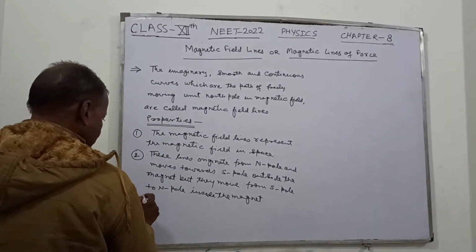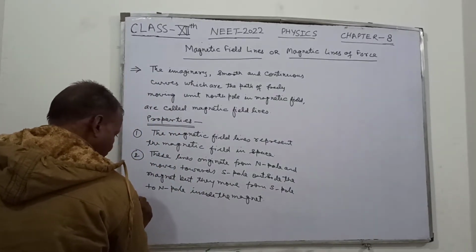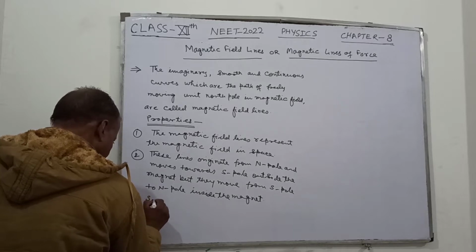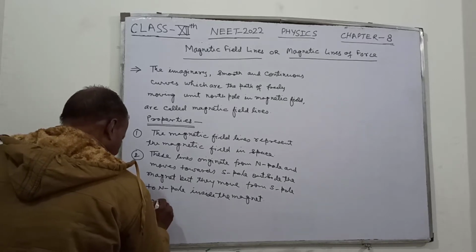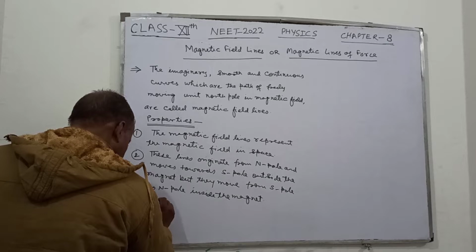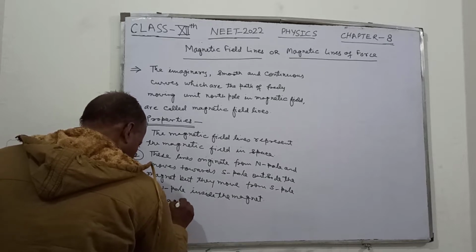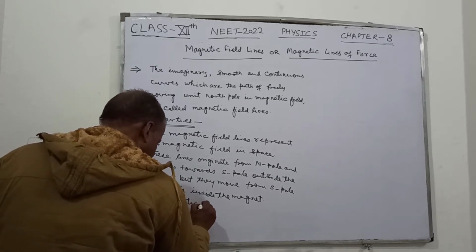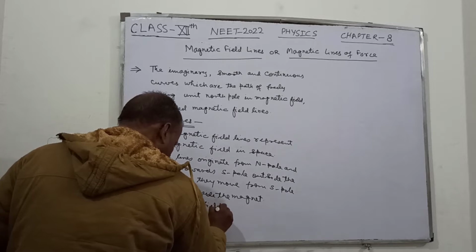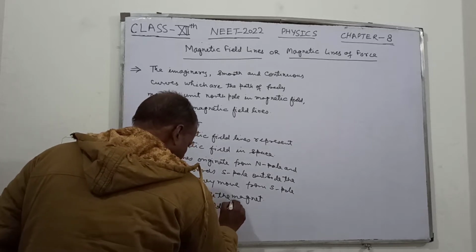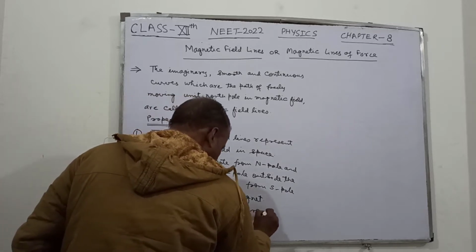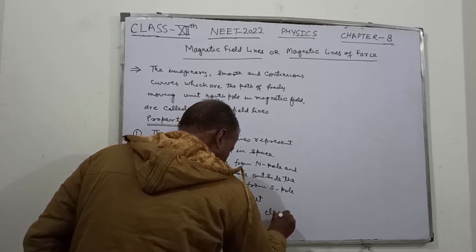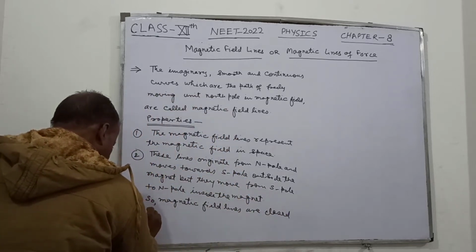So magnetic field lines are closed loops.